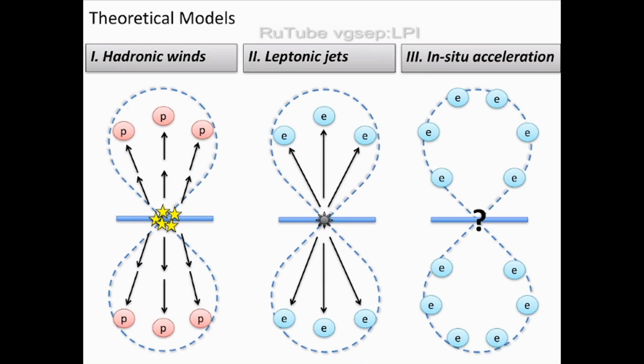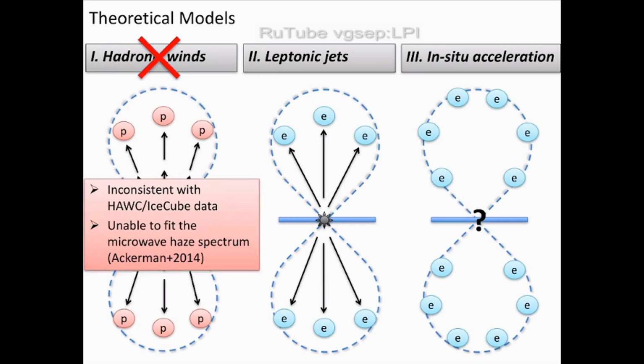Okay, so first of all, what previous studies have found is that the hadronic models have been disfavored. Like I said, the hadronic model is basically inconsistent with the HAWC upper limit and also the estimated IceCube limits.